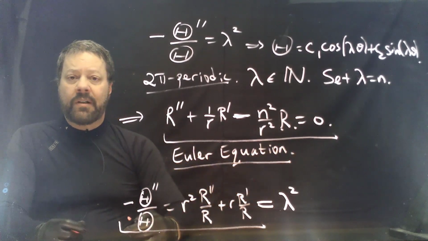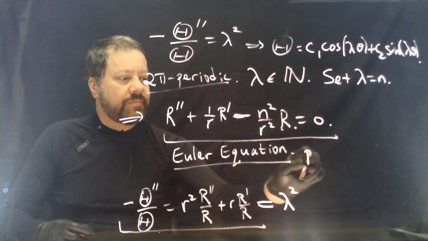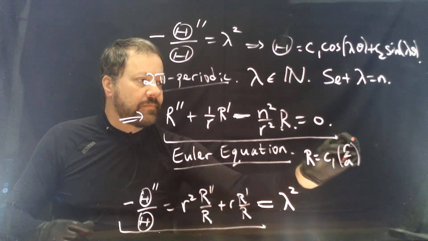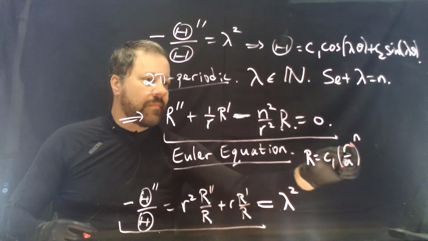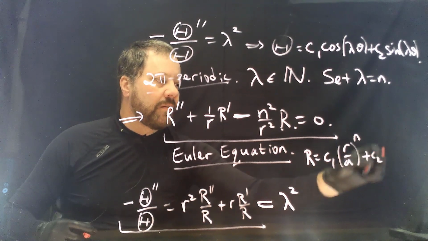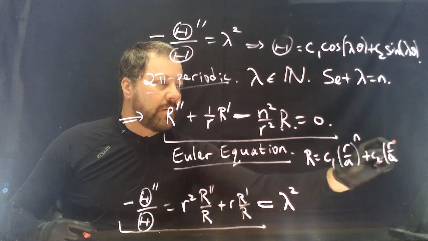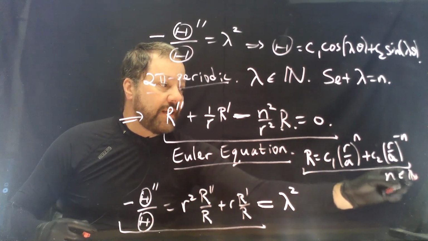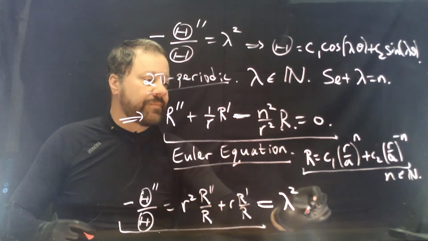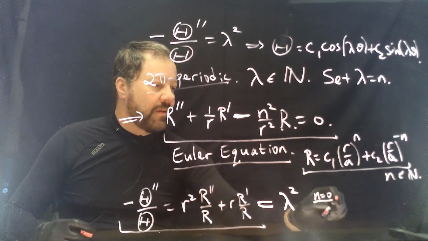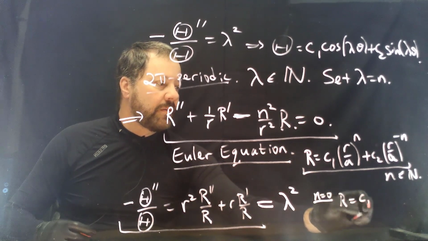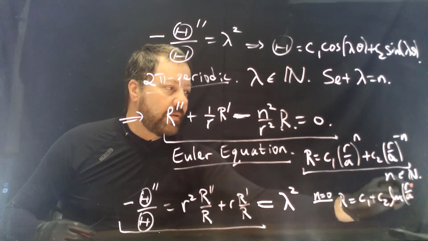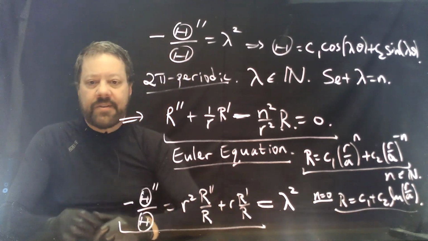which has a well-known class of solutions. This is true when n is an element of the set of natural numbers. If n happens to be 0, you have this.